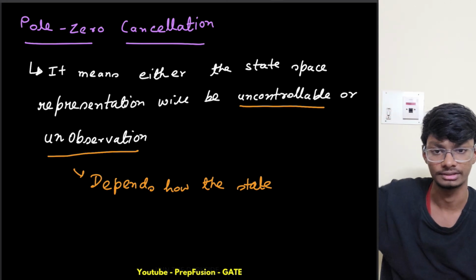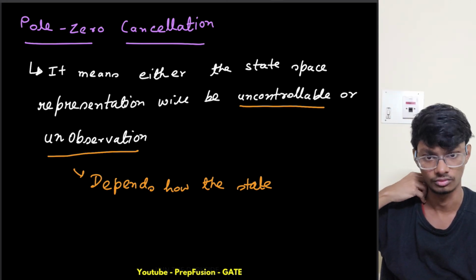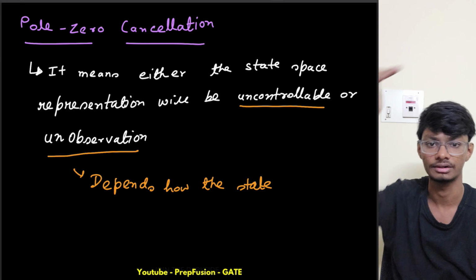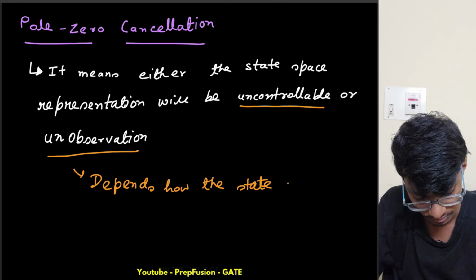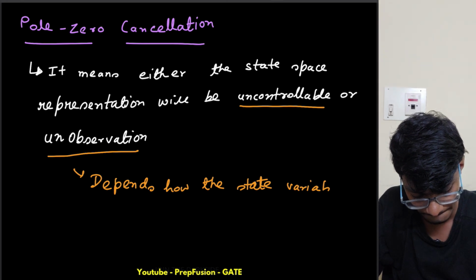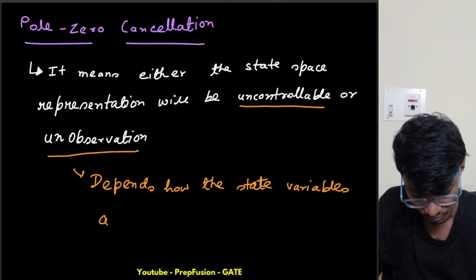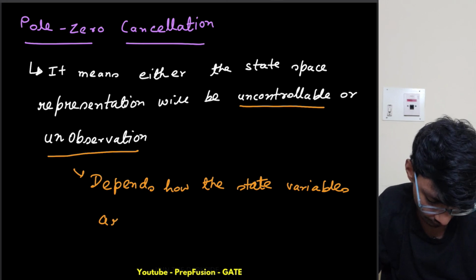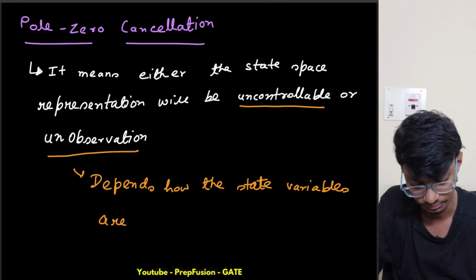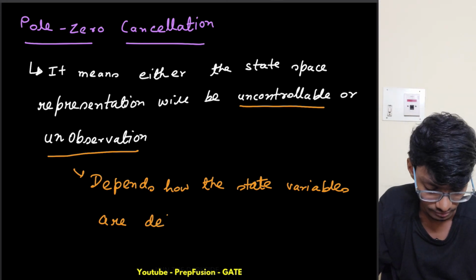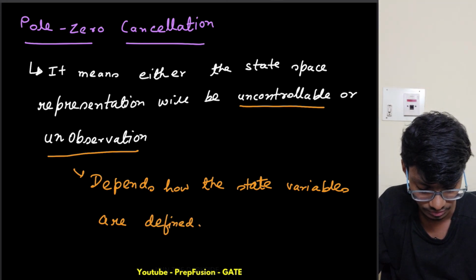If at the input side that link is broken, then it will be uncontrollable. So I have to understand the input can't reach the state variable. Depends on how the state variables are defined, or represented also, you can say.